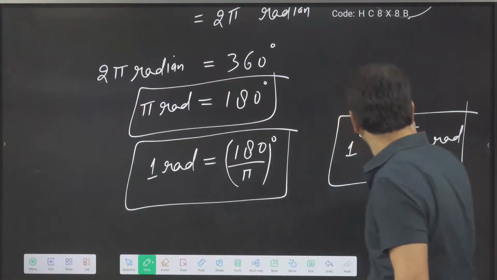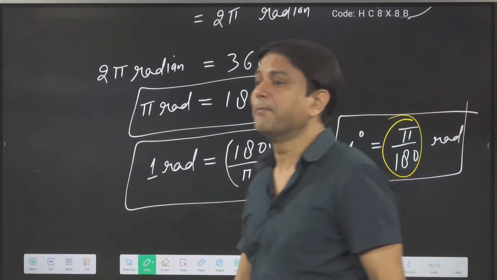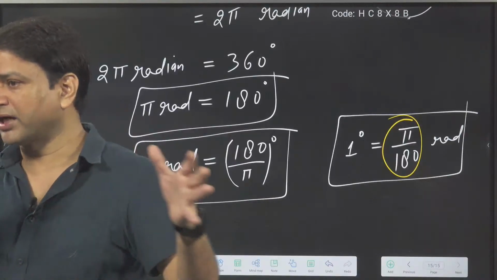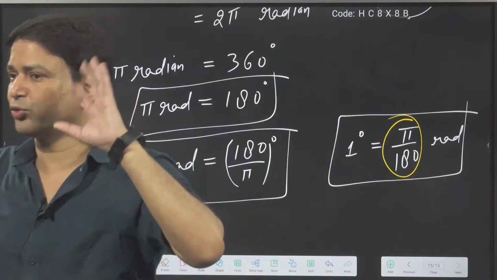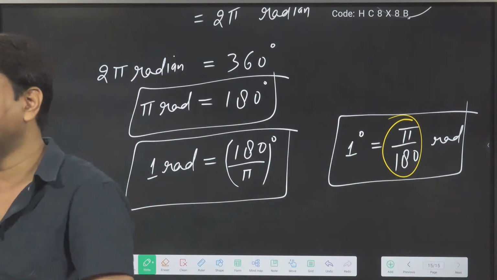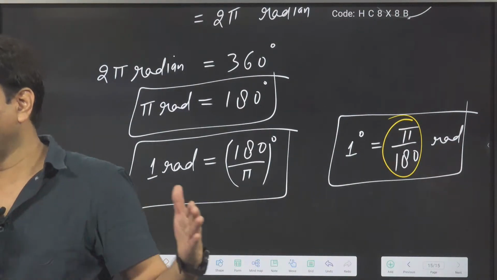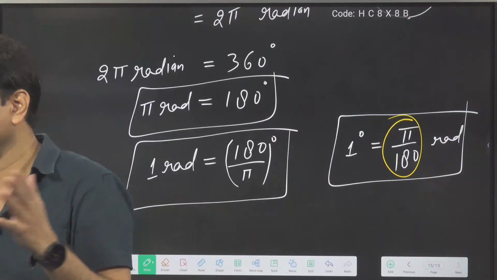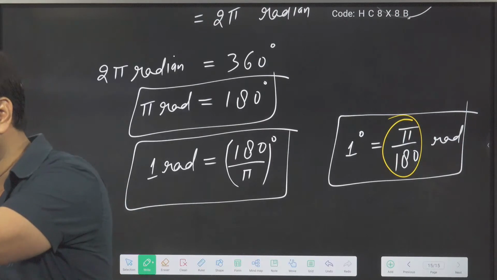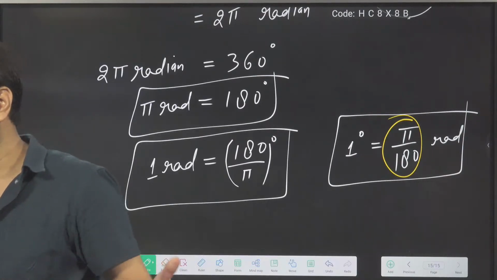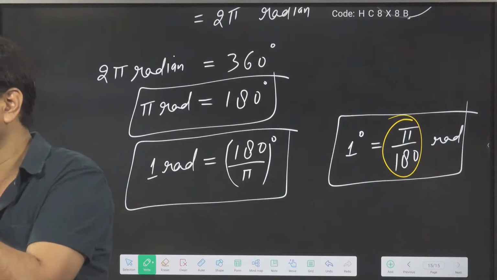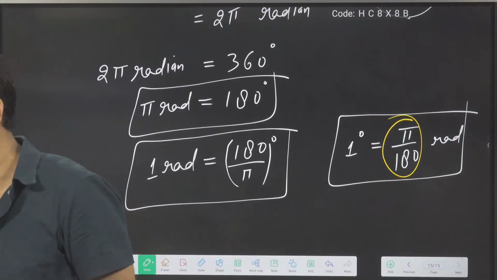Pi is lesser than 180. So when you are going from degree to radian, we have to keep in mind that in degree the magnitude will be more, because 180 degree and pi radian. So when you are going from degree to radian, more magnitude to less magnitude, you will multiply with a smaller number, pi by 180. If you are going from radian to degree, the degree magnitude has to be more, so that's why we will multiply with 180 by pi.